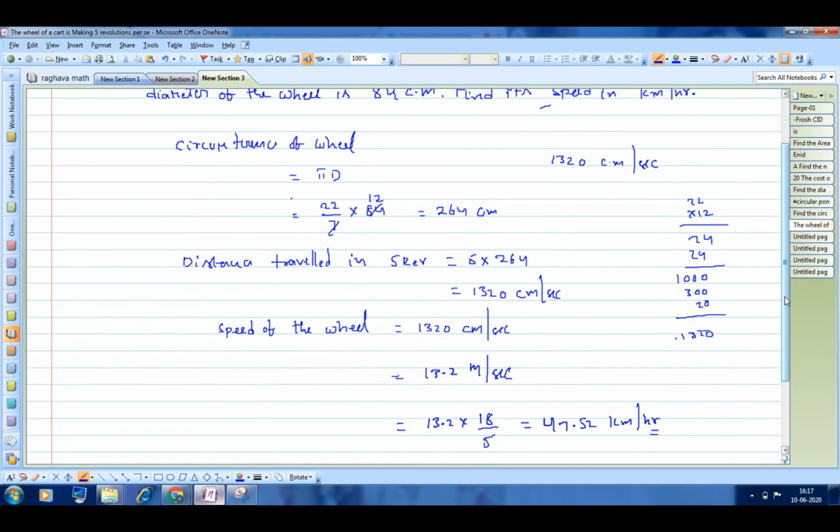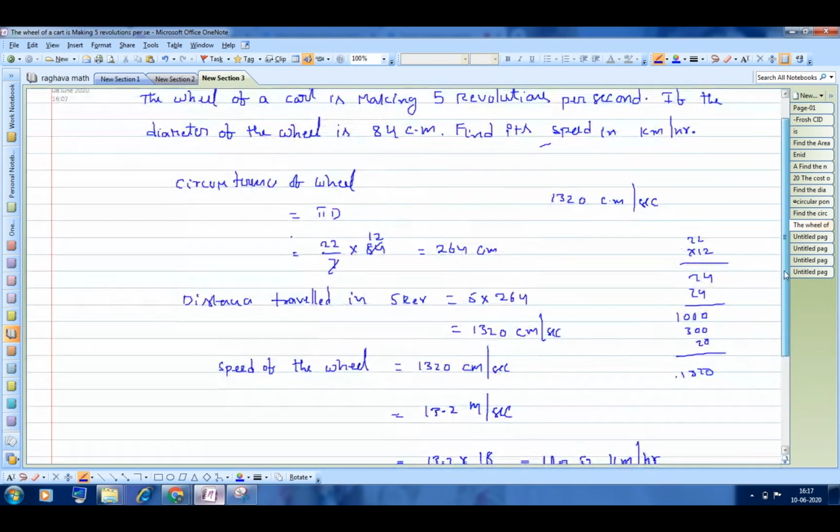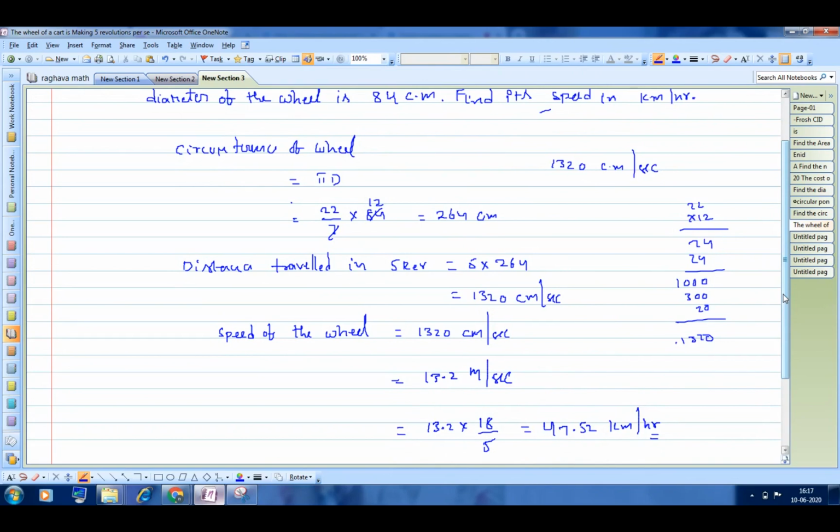Has everyone got the same answer or any different answer? Somebody told 1320 centimeter per second. You also got the same answer in kilometer per hour, because the question is asking finally you have to find out the speed in kilometer per hour approximately. Got it, sir. Shall we move to the next one? Yes, sir.